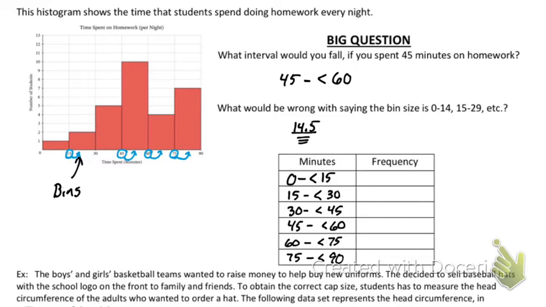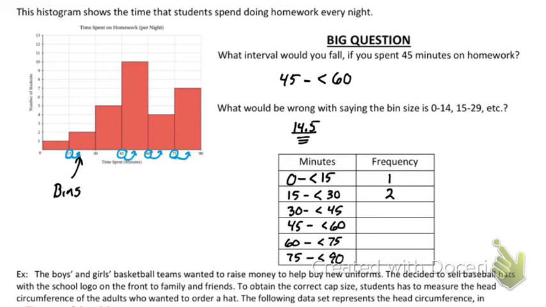Now, this is called a frequency table, where we just write how many people studied between 0 and 15. Well, we're going to get that information from right here. These numbers along the left-hand side are our frequency. So how many people studied between 0 and 15 minutes or did homework? One person. How many people did 15 to 30? Two people.